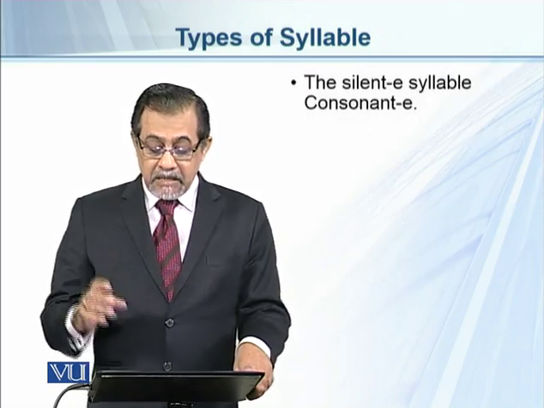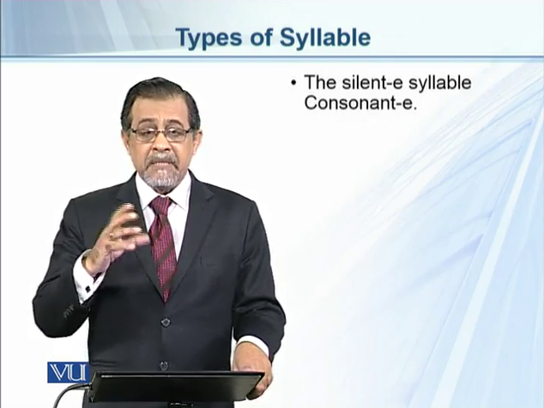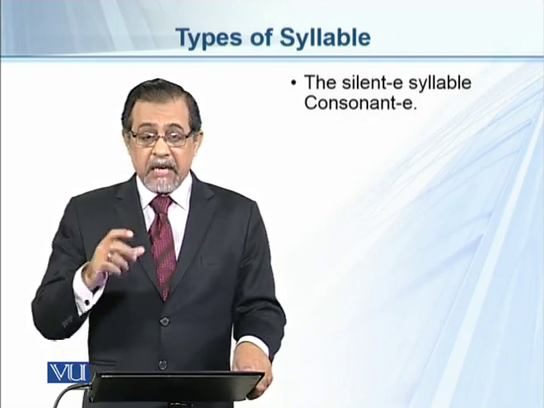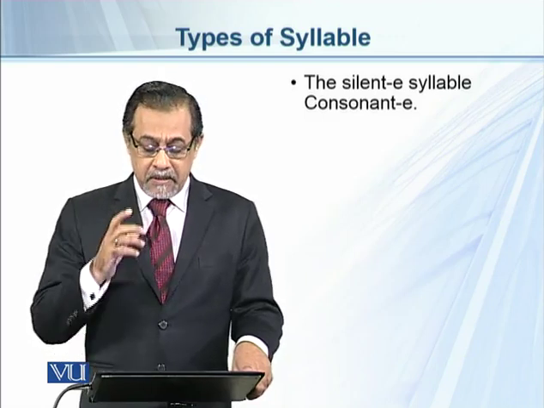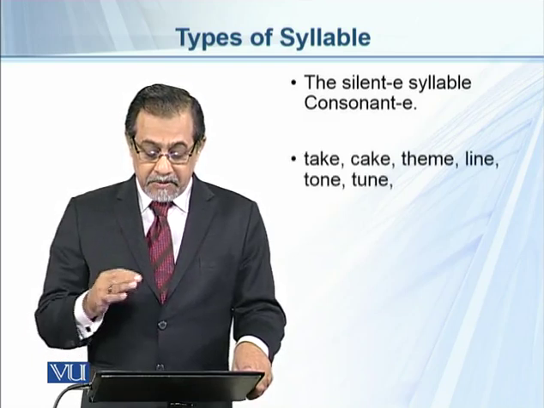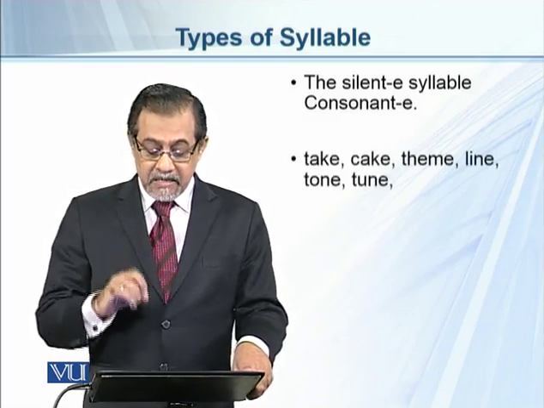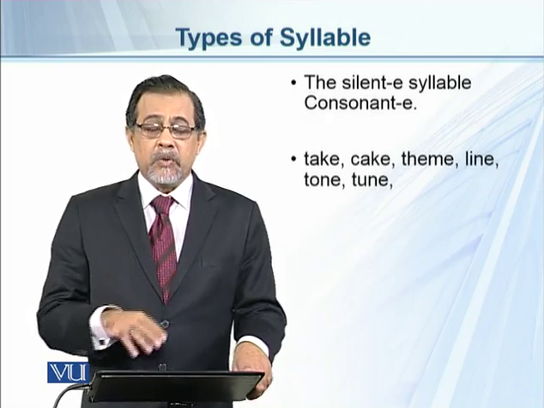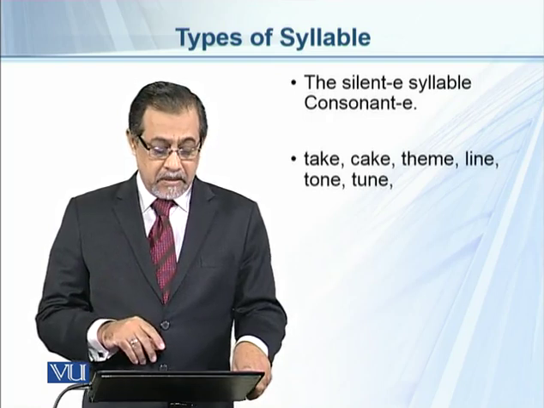The silent E syllable, consonant-E, means consonant plus E, in which the E at the end of the syllable is silent. For example, take, cake, theme, line, tone, tune. In all these words, the last E of the syllable is silent.